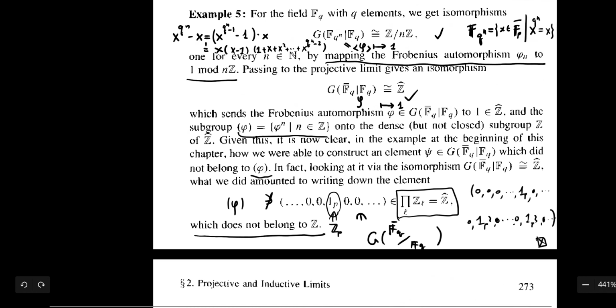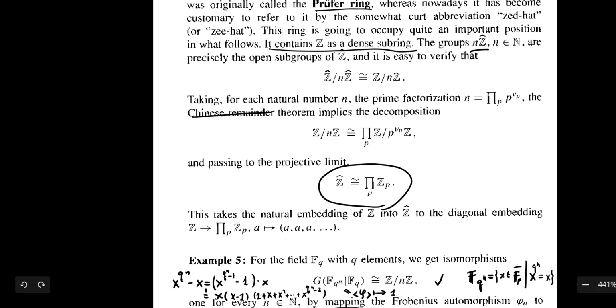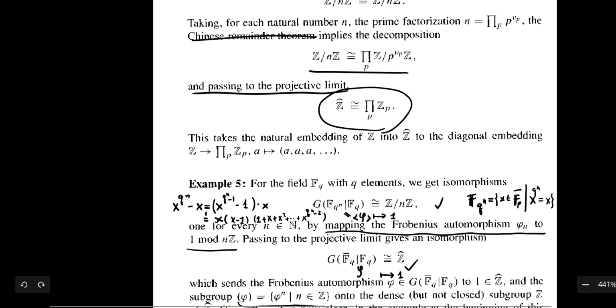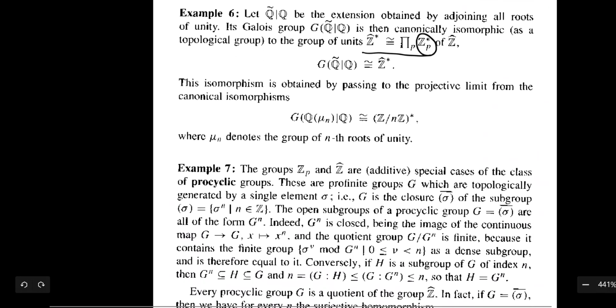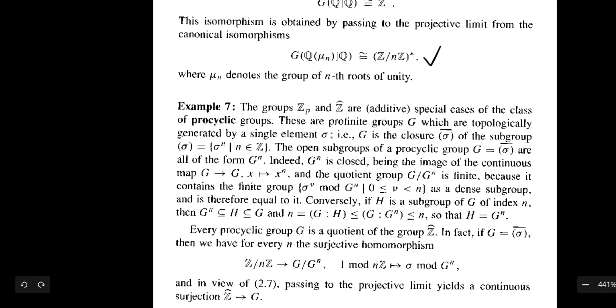Let's recall how we get this: it's by the Chinese remainder theorem. We have this, and then we take the product, very interesting. That's what we wrote.